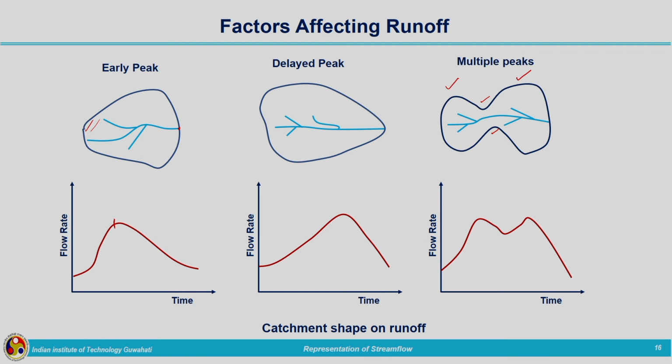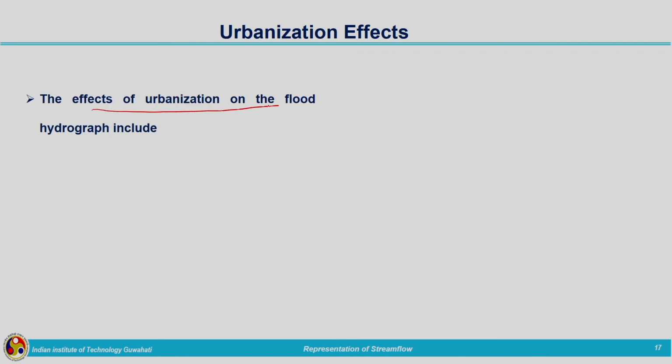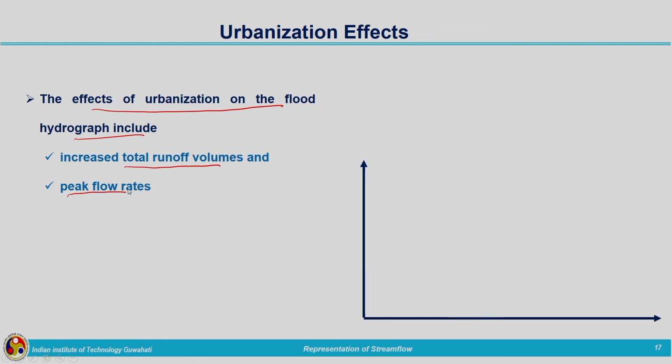Now, very important thing which you need to understand, what is the influence of urbanization on the hydrograph? So, the effects of urbanization on the flood hydrograph include increased total runoff volume, then peak flow rates. We can see by means of a graph flow rate along the y axis and time along the x axis.